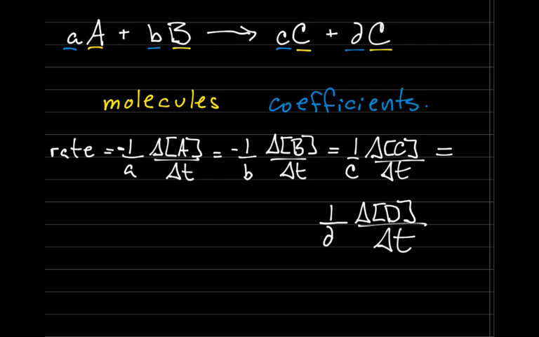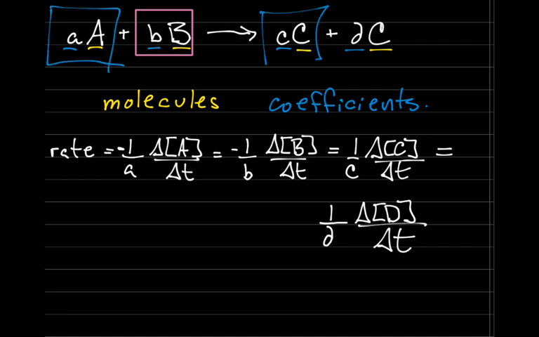If you know this formula, then given the reaction rate of B, you could calculate the change in concentration over time of anything else.